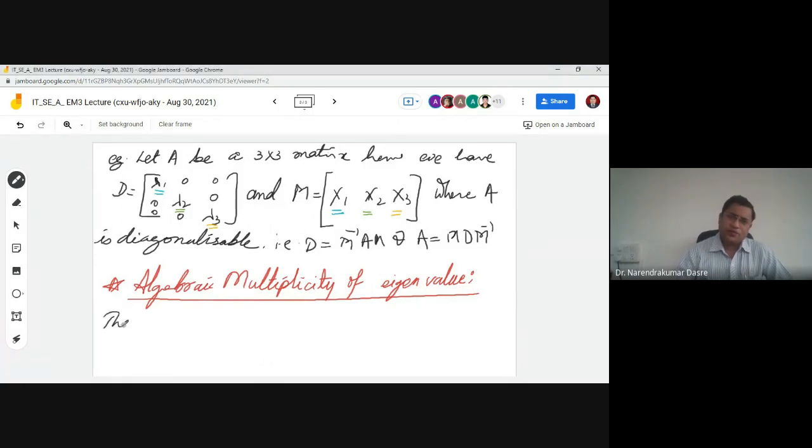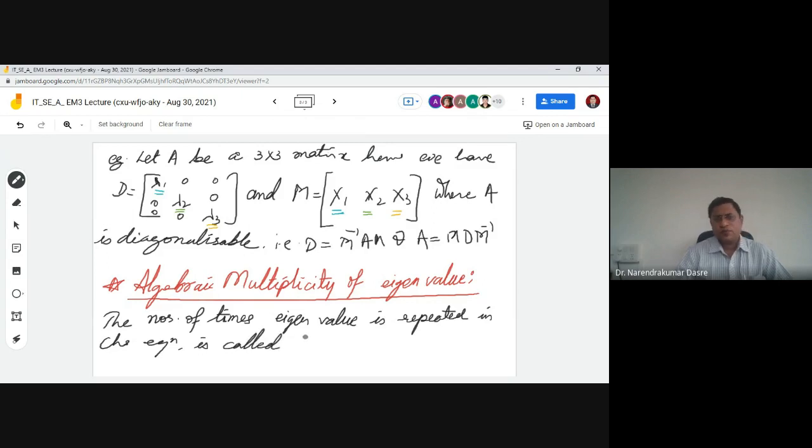The number of times an eigenvalue is repeated in the characteristic equation is called the algebraic multiplicity of the eigenvalue.